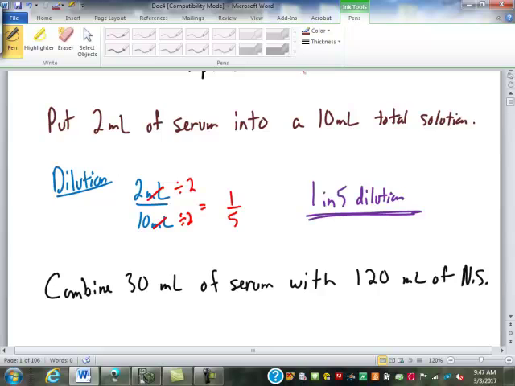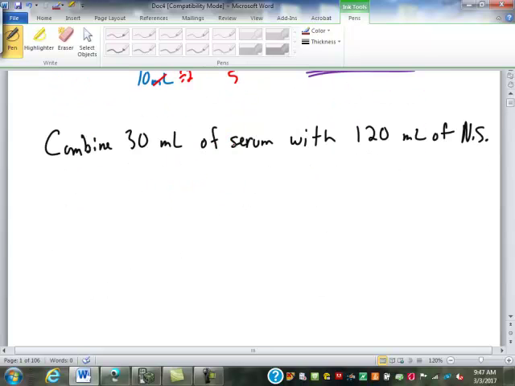If I want to find the dilution for this, we have 30 milliliters of our serum. That's our concentrate. What goes into the denominator here, though? 150. Very good. How did we get that?